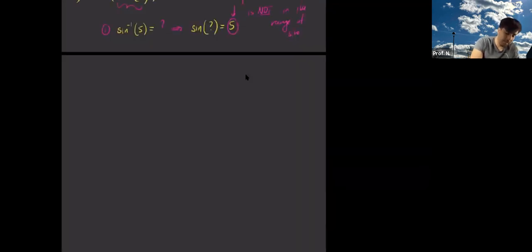So for example, let's continue with this. Look, something like this. Now we'd have the inverse first. Sine inverse of sine of 3 pi over 4.